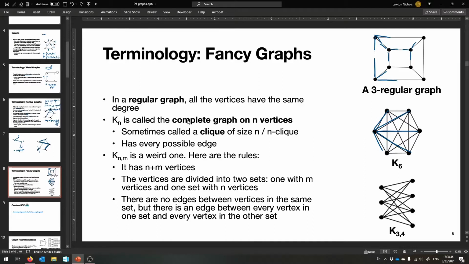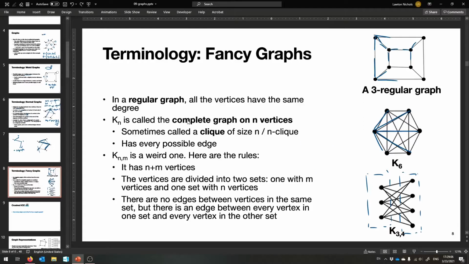So let's just talk about the rules. It has n plus n vertices. So this is K3,4. It has 3 vertices over here and 4 vertices over here, and it's complete in the sense that they're all right next to each other.